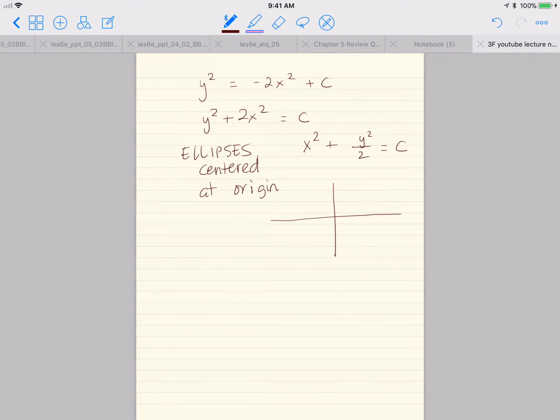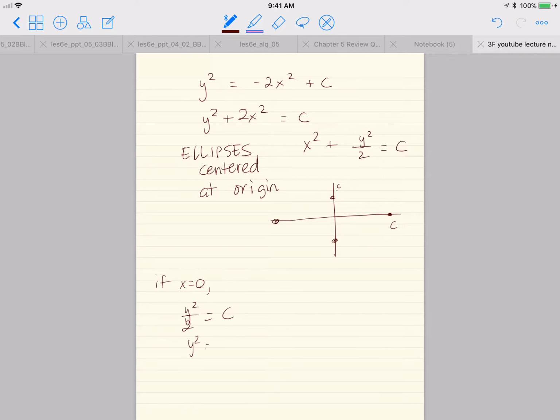If x equals 0, then we'll have y squared over 2 equals c.